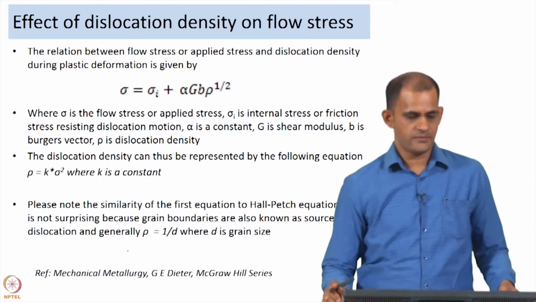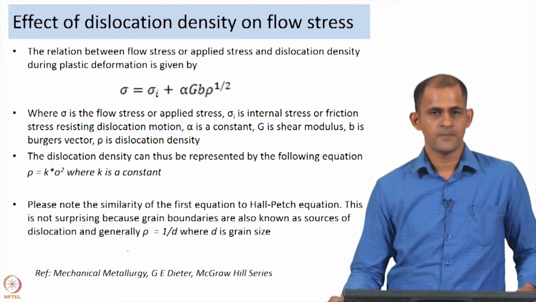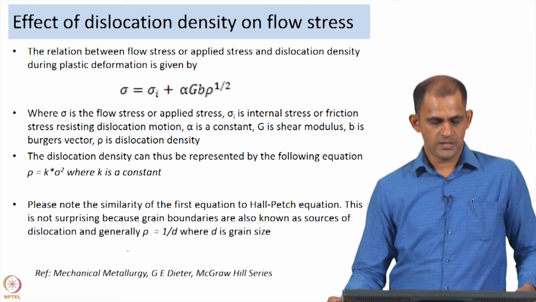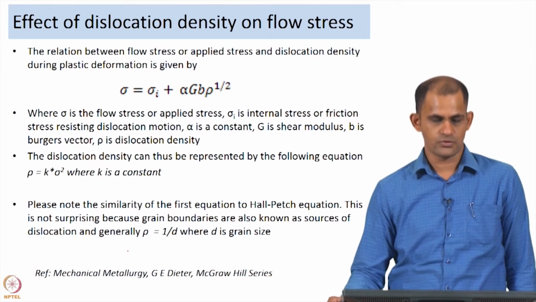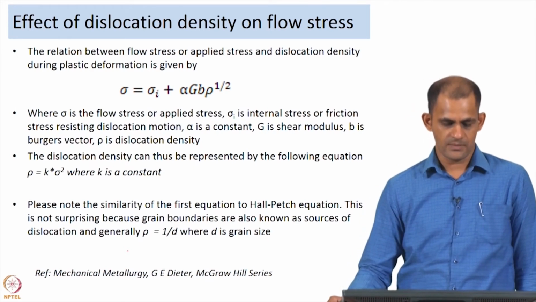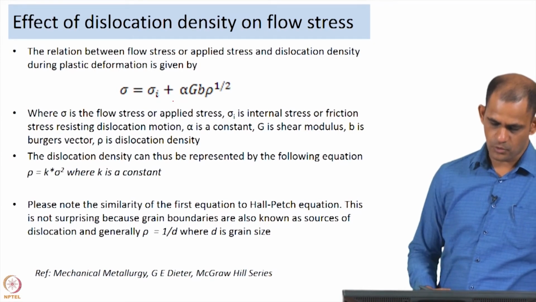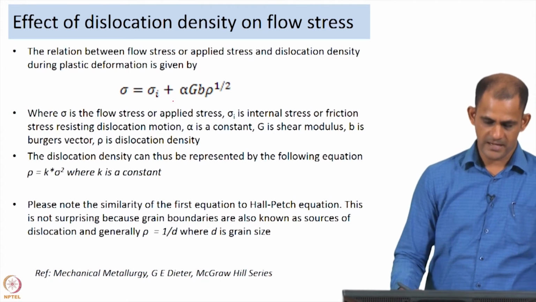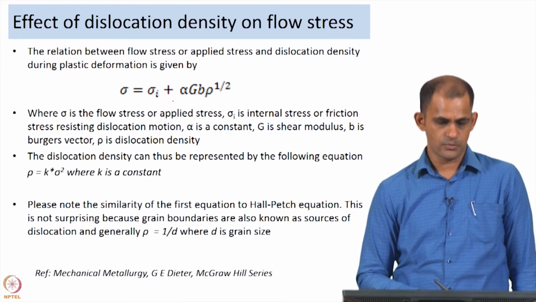The other relation which will be of importance is the relation that exists between dislocation density and the flow stress of the material. The relation between flow stress or applied stress and dislocation density during plastic deformation is given by: sigma is equal to sigma i plus alpha G b rho to the half. Here sigma is the flow stress or applied stress, and sigma i is the internal stress or friction stress resisting dislocation motion.